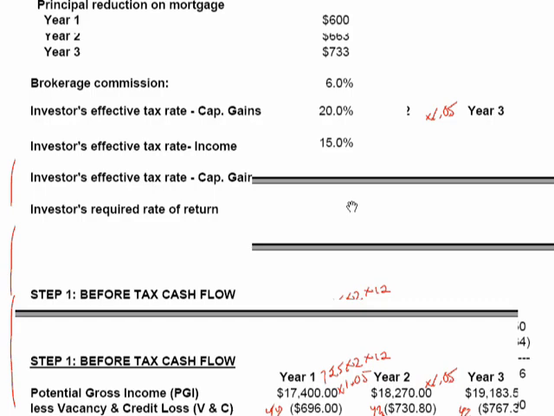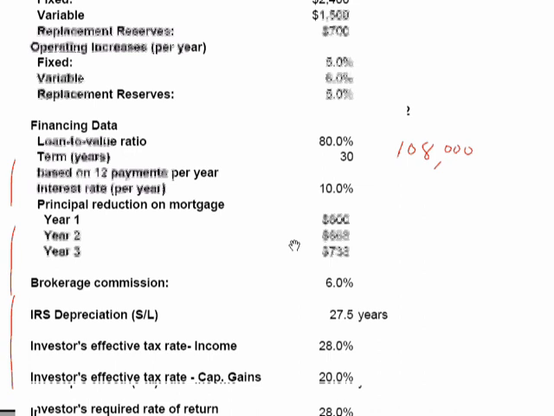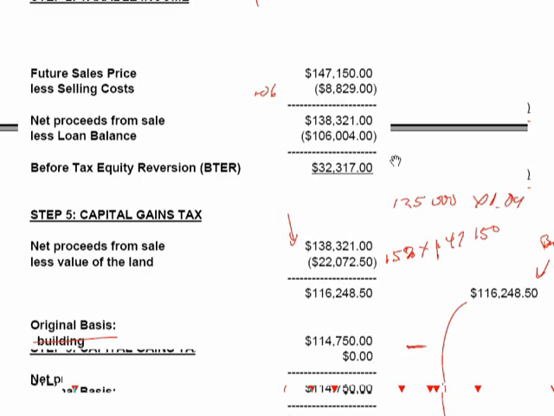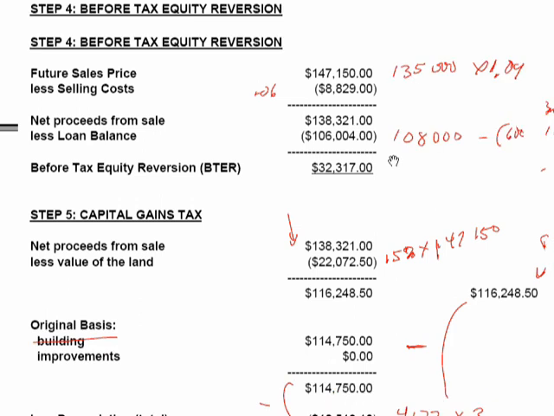The amortization each year was given to us. This is how much the loan was paid off each year: 600, 663, 733. So if you add these up and subtract it from the original mortgage balance of 108,000, that should give you the mortgage balance at the end of the third year.